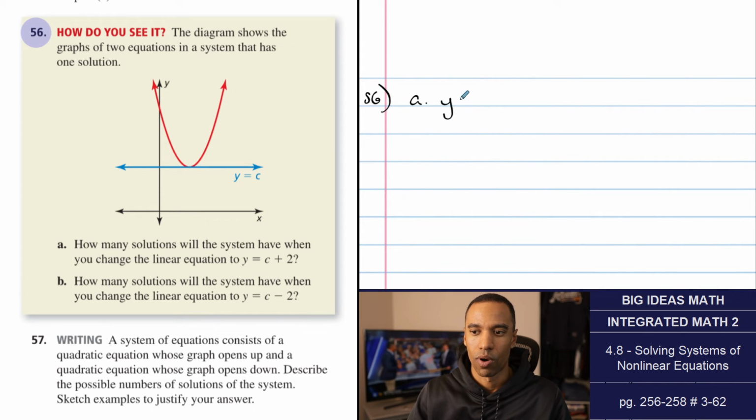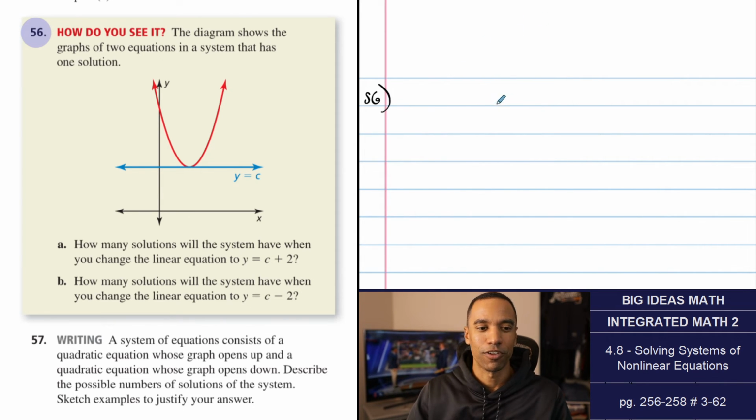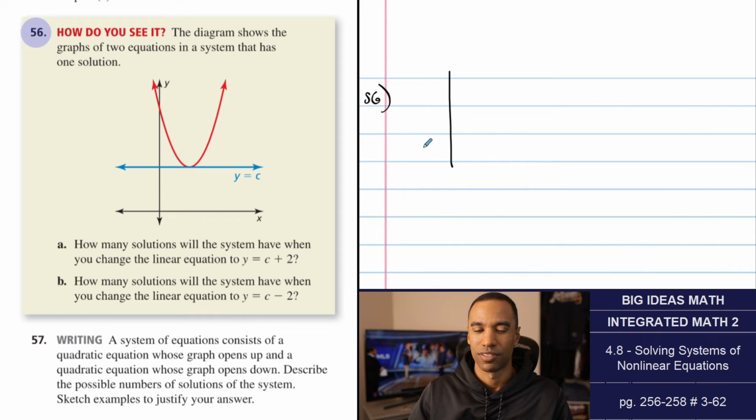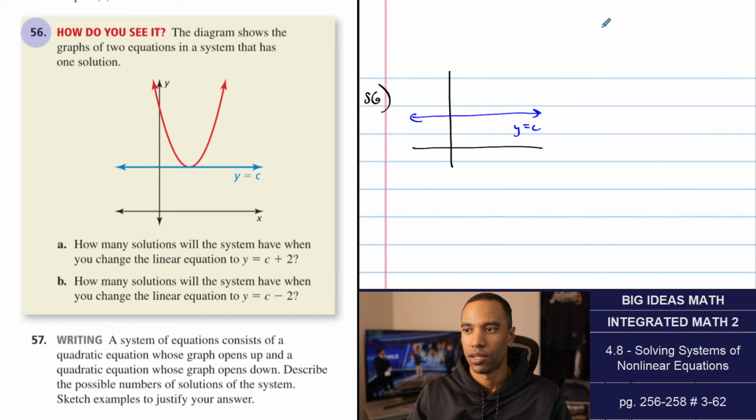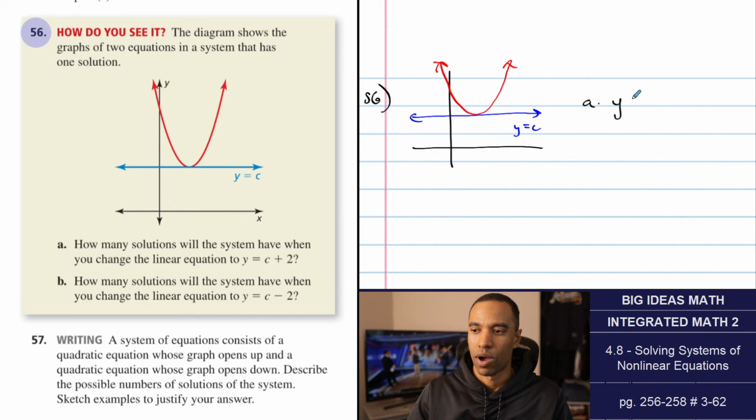Hold on. Let's kind of graph this. I feel weird if it doesn't have the graphs. I just do. Here's 1. Here's y equals c. And here's red. Okay. All right, part A: y equals c plus 2.